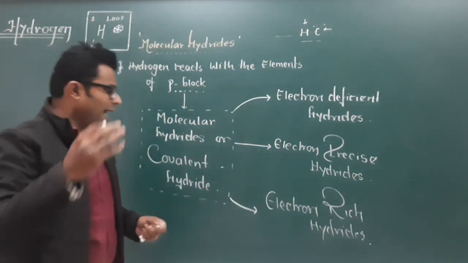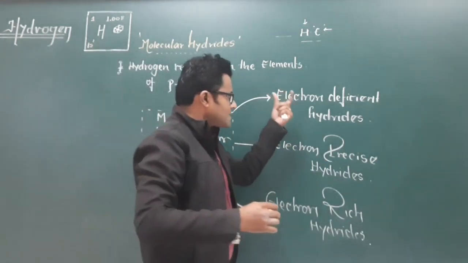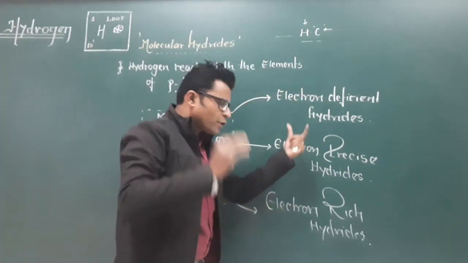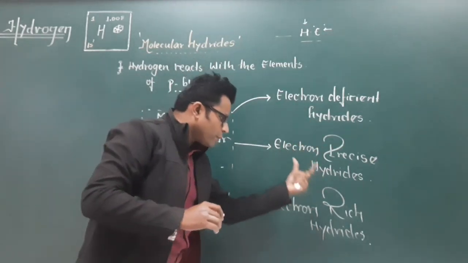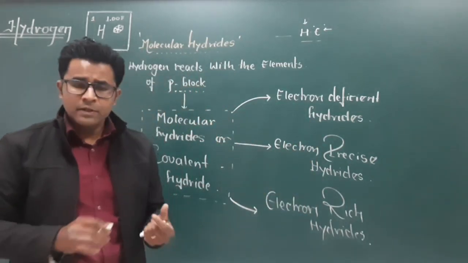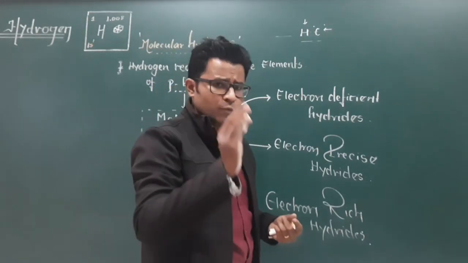So, we have the three conditions: electron deficient hydrides, electron precise hydrides, and electron rich hydrides. We are going to take a look into each one of them now.